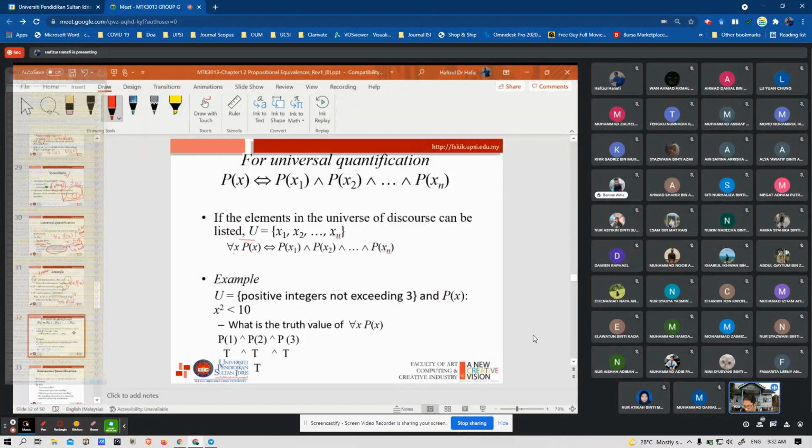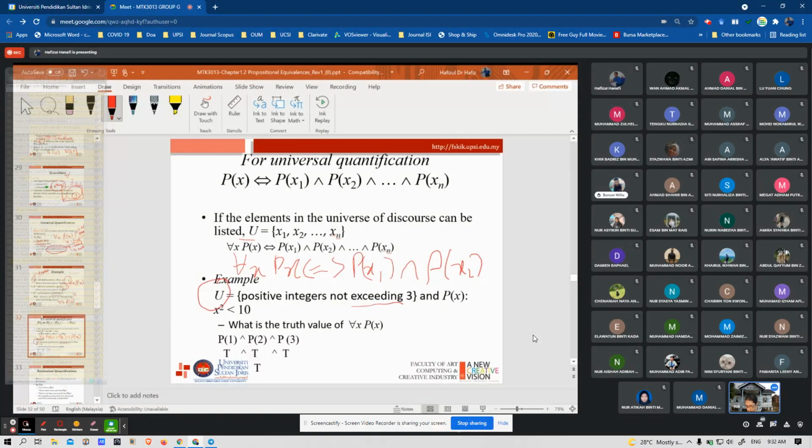For example, positive integers not exceeding 3, and P(x) is x to the power of 2 is not less than 10.